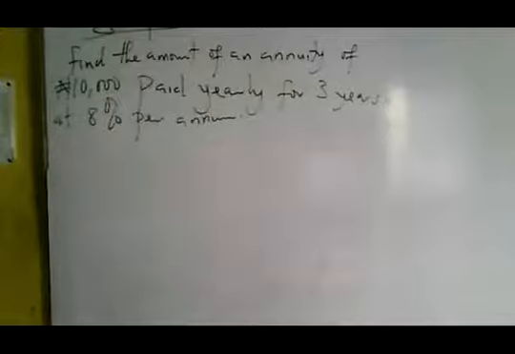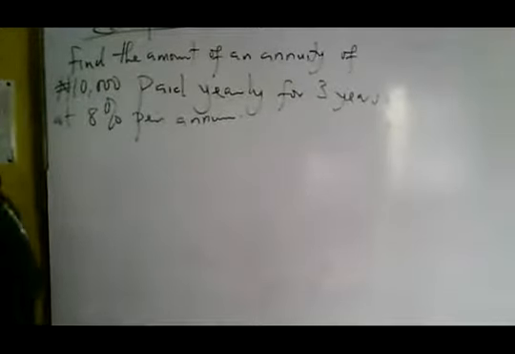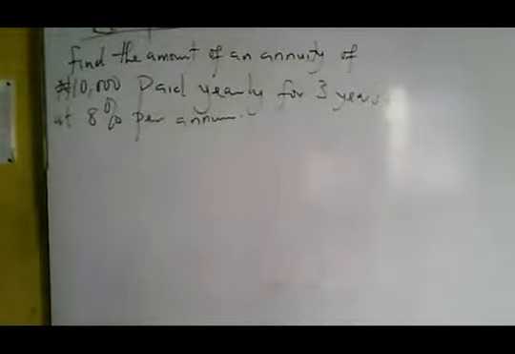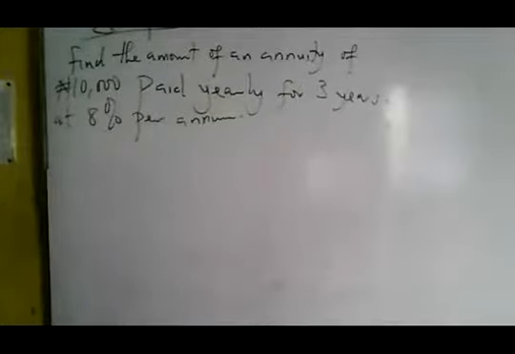Now, the way you solve questions on annuity is quite different. You want to know the total amount of the annuity. So now what you need to do is you need to do it yearly.